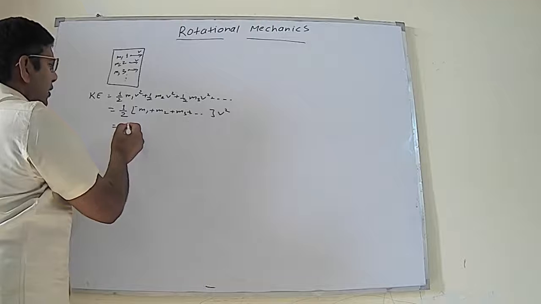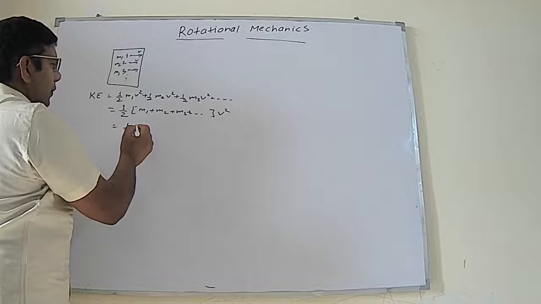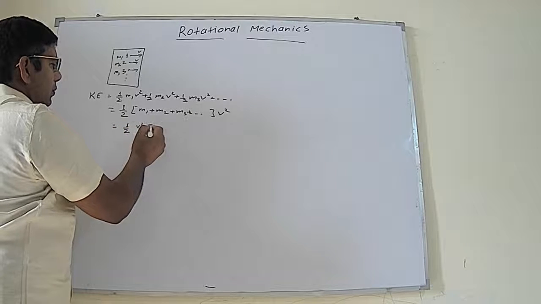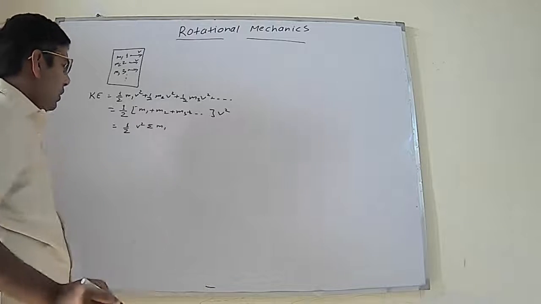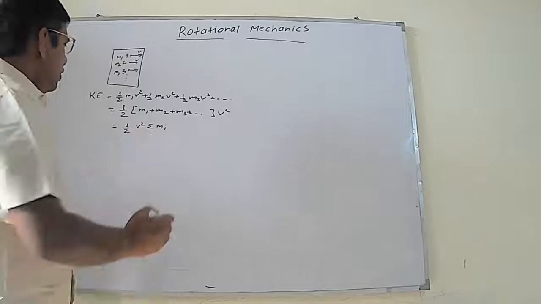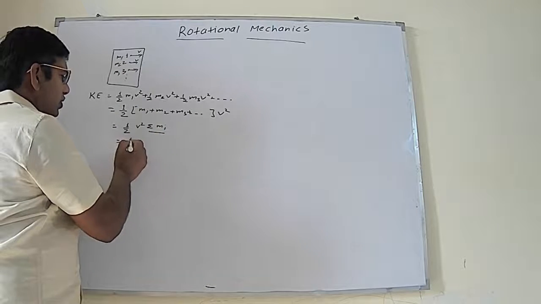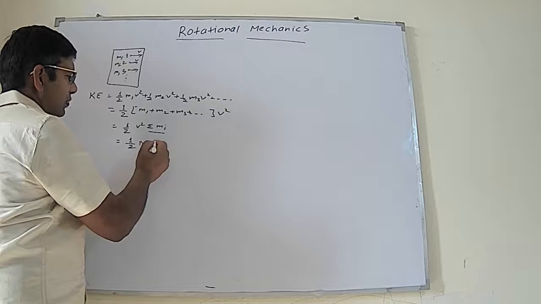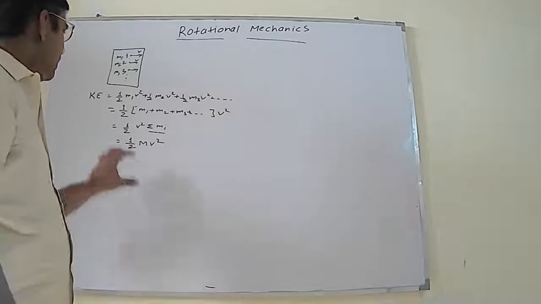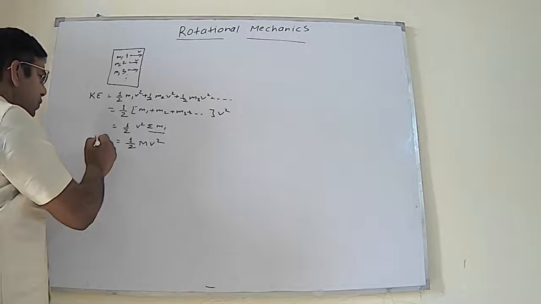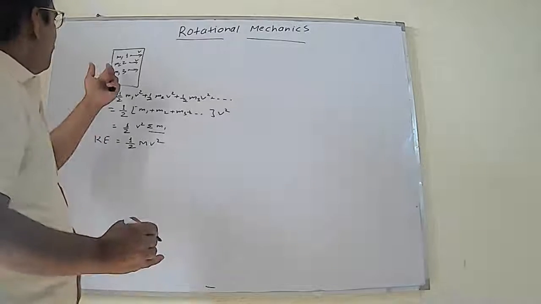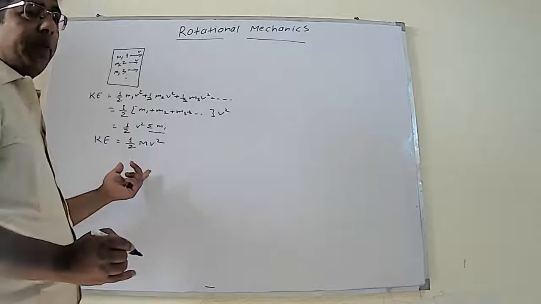Again we can write this as the sum of mi, and this quantity is the total mass. So further we can write half m v square. This is obvious, we know that the kinetic energy of a moving object is half m v square.